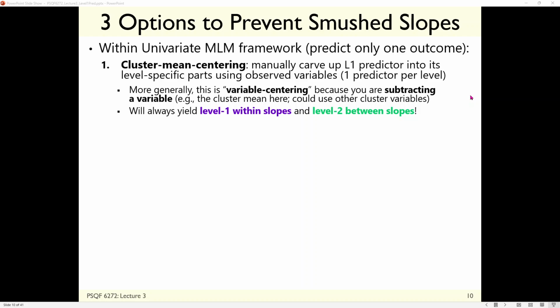Now, your 1 column has information across people and clusters, but it's 1 variable. So if you are using software that is set up that way, which is every standard multi-level modeling package, then one of your options is what is known as cluster mean centering in this context, and what I call variable centering more generally, because this is a centering process in which you subtract a variable, not a constant.